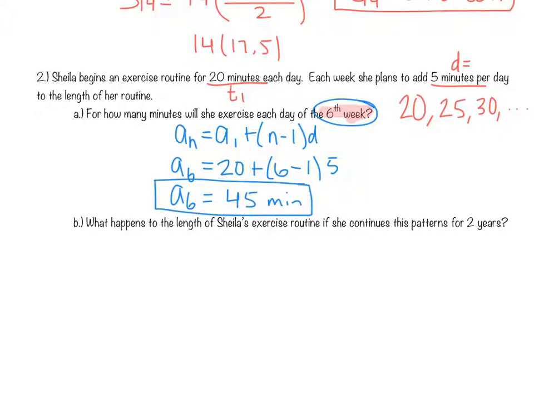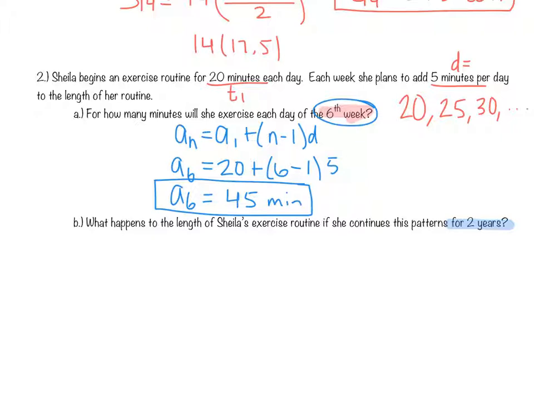Now, question B says, what happens to Sheila's exercise routine if she continues this pattern for 2 years? Holy cow, 2 years. So remember, she's going to start at 20 and increase her workout plan 5 minutes per week. Now we're asking 5 minutes per day is going to be added each week for 2 years.